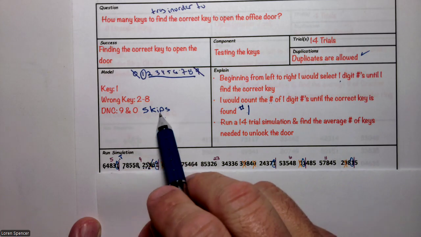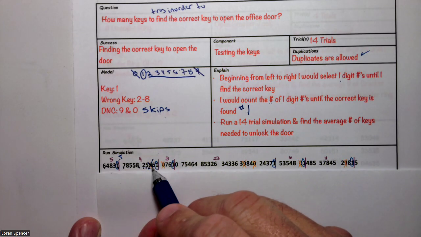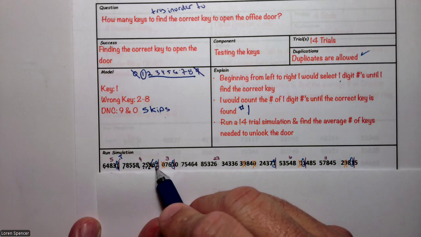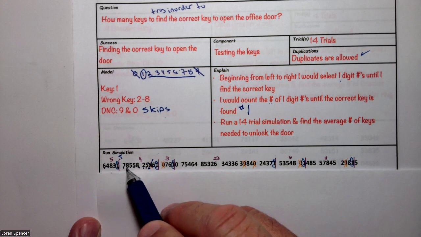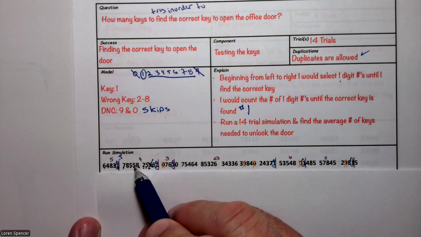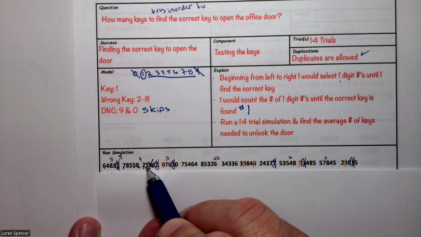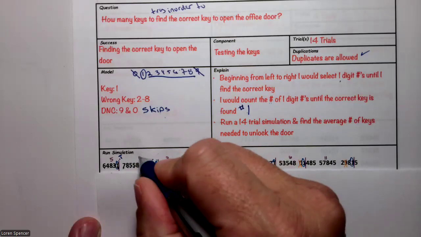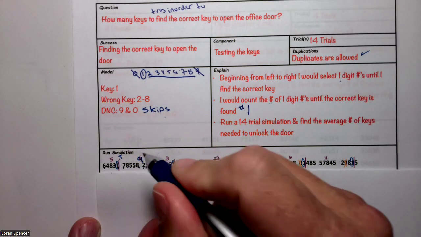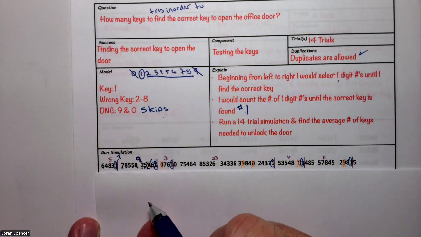Because remember up here we said it's a skip, so it doesn't count as a key. And then we have a 6, and we finally get a 1. So we count them up. 1, 2, 3, 4, 5, 6, 7. Skip that key, doesn't count. 8, and then our ninth key. And so we write a 9 up here. It took us 9. We had to try 9 keys.